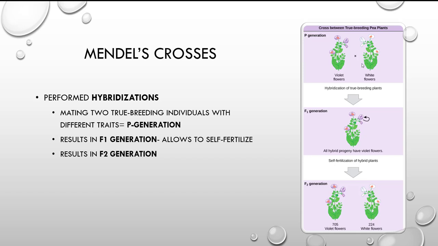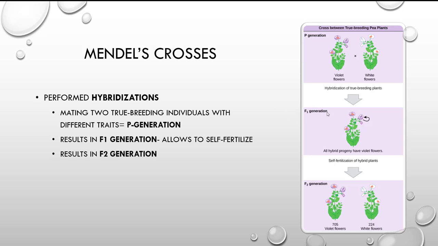This generation up here, he would label as the P generation. Think of the P generation as the parent generation. So he would hybridize the true breeding plants, and then allow them to go to seed, plant the seeds and see what grew. The offspring all came up with purple flowers.